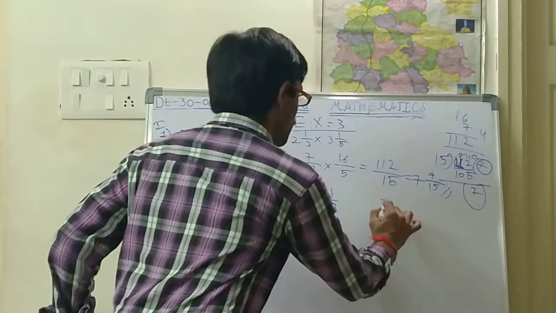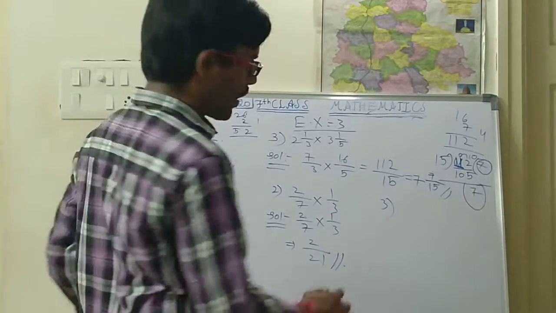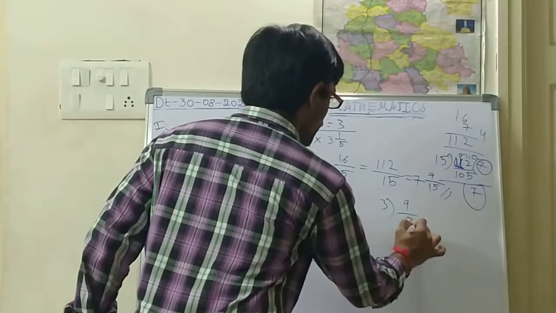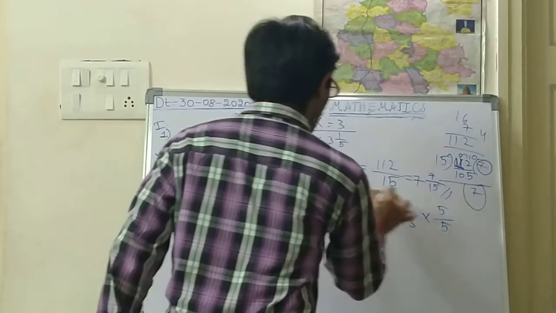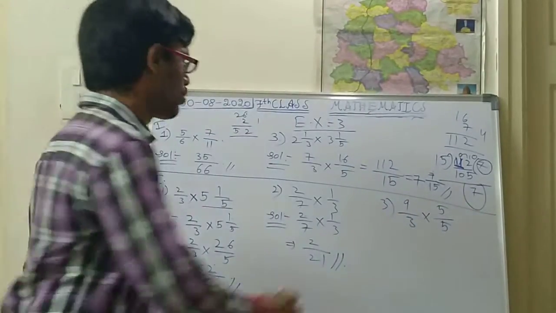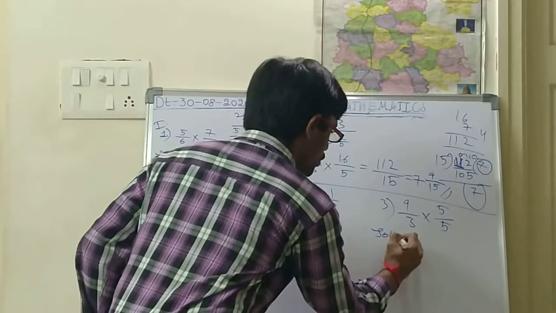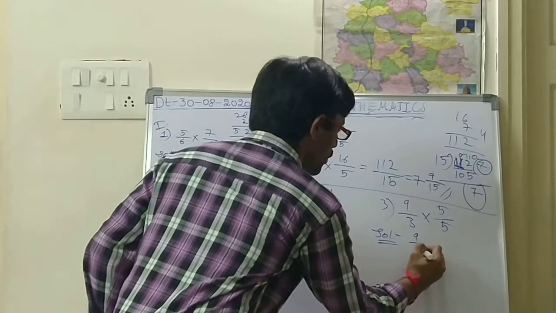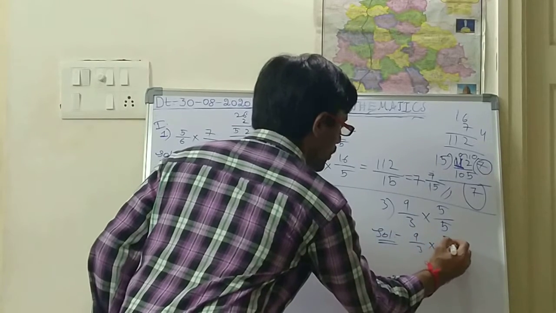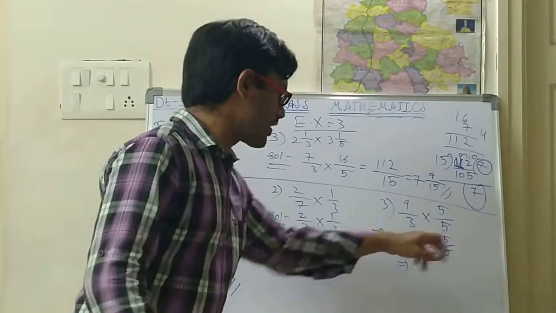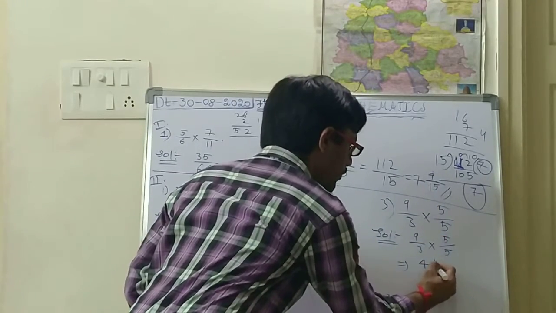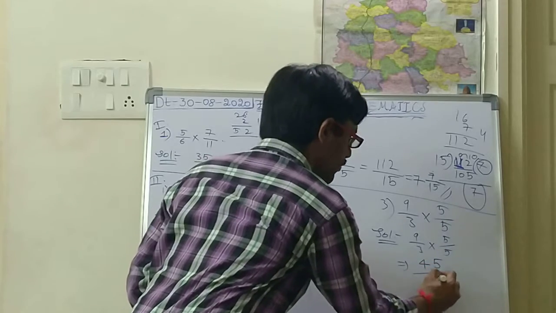Next, third one. What is the third one? 9 by 3 into 5 by 5. So you should do this multiplication. Solution. First write the question as it is, 9 by 3 into 5 by 5. Next, 9 5s, how much? 45. 3 5s, 15.